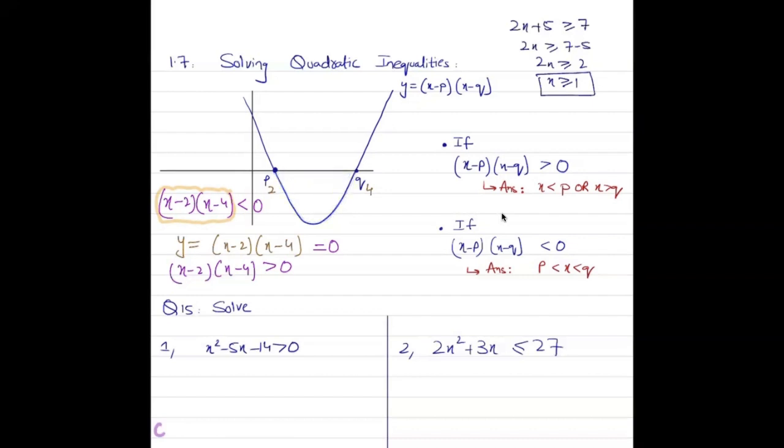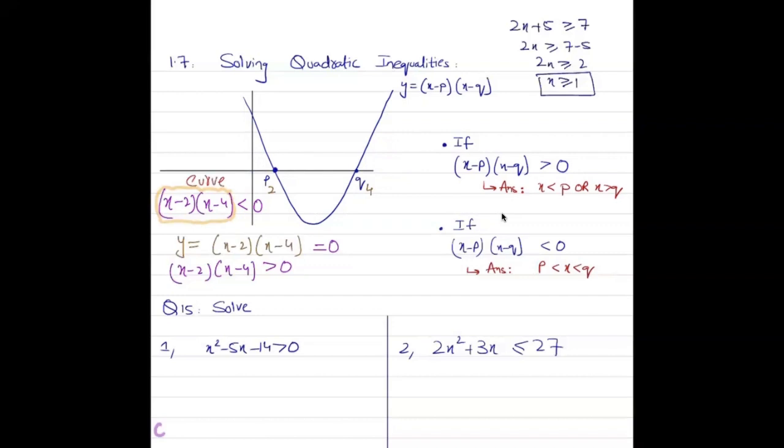And if the range of the values of x is greater than 4, let's say 5 or 6 or 7, or less than 2, for example 1, 0 and negative 1 and so on, this is the region where your quadratic curve is positive, which means the quadratic curve is greater than 0.